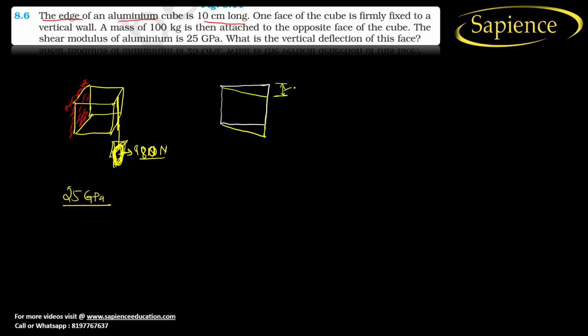Let us suppose this deflection is x, and this length they have given as L. This is theta. It acts as a right angle triangle, so theta is equal to x by L, which gives x is equal to L theta. Now we need to find theta.